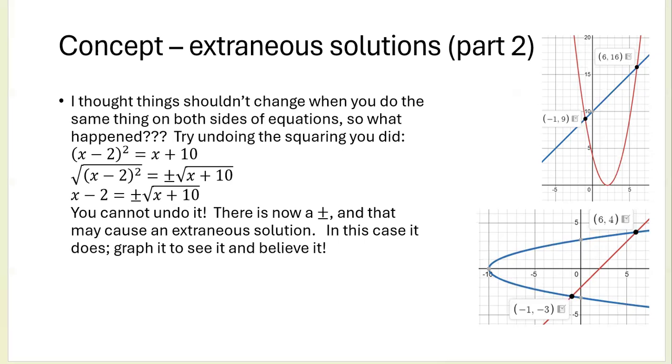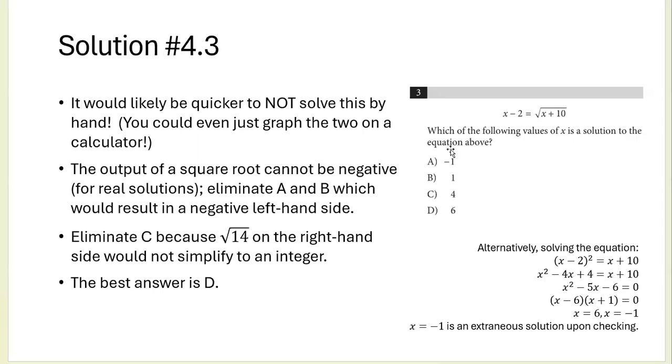Just to review, if we solve it by hand, that's what I did down here. We square both sides, so on the left-hand side, if you FOIL out, it's x squared minus 4x plus 4. The right-hand side is x plus 10. We move everything to one side and set it equal to 0, so you get x squared minus 5x minus 6 equals 0. If you factor, it's x minus 6, x plus 1.